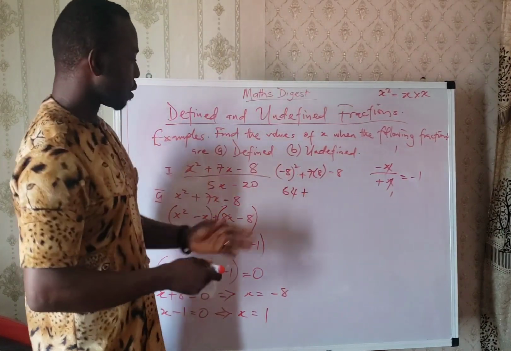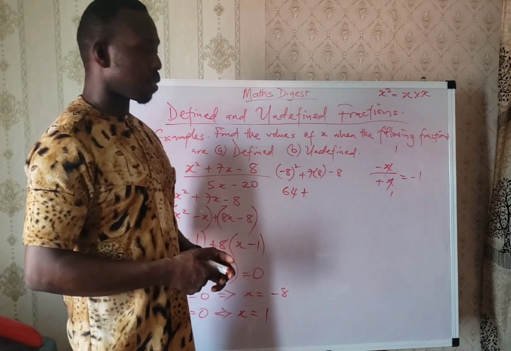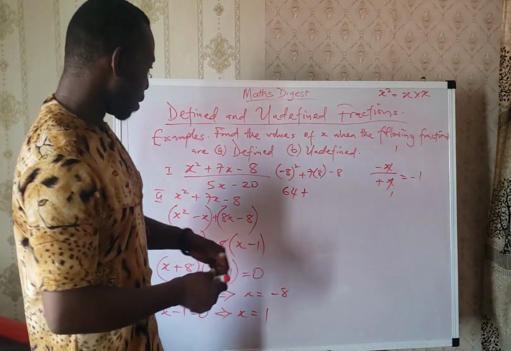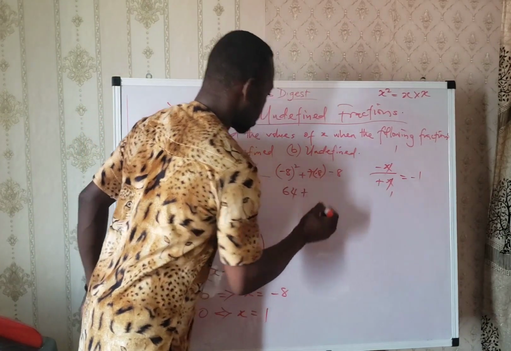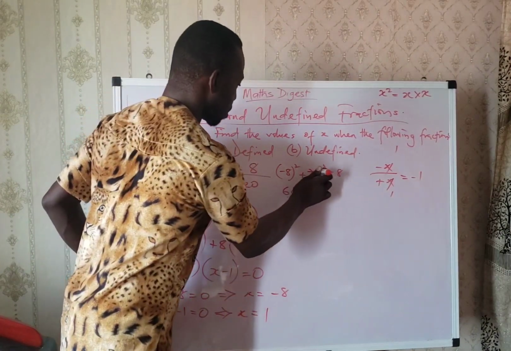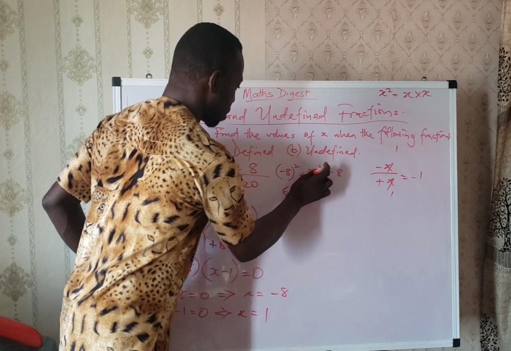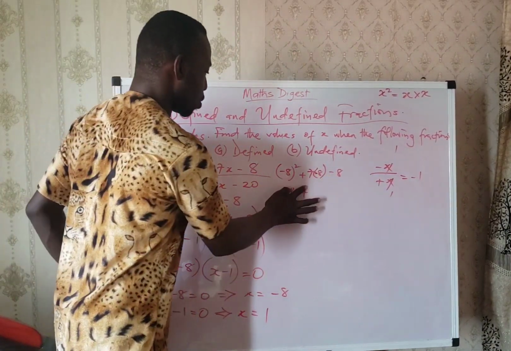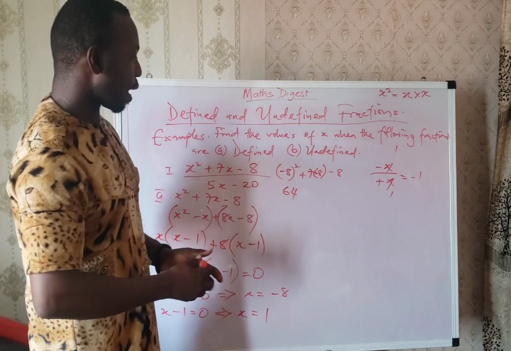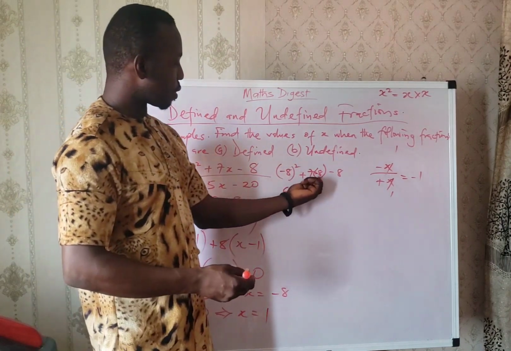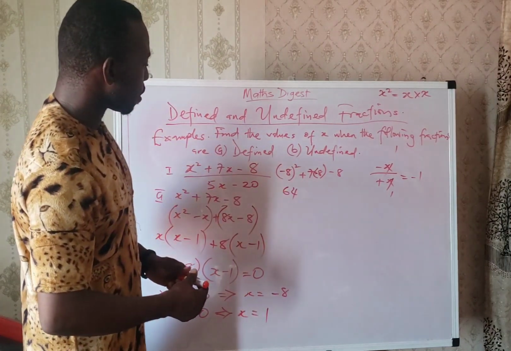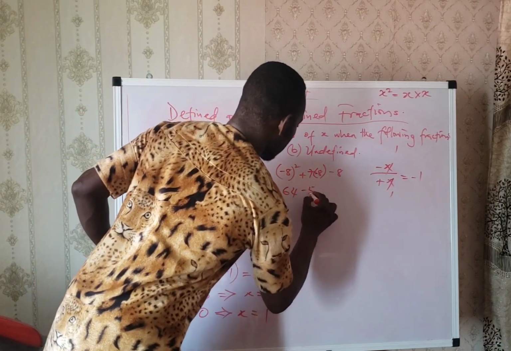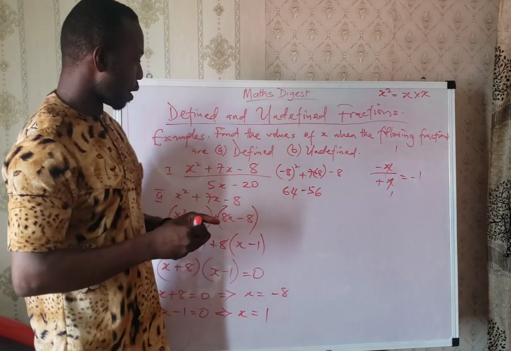Okay? Now 7 times 8 will give us what? Sorry, 7 times minus 8. This is minus 8. 7 times minus 8. This sign will change to minus, okay? So we now have minus 56, okay?